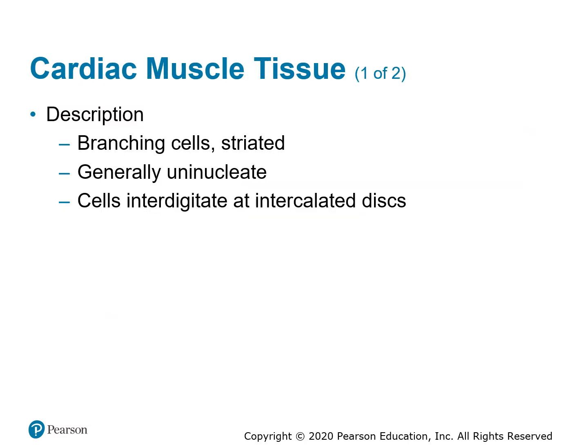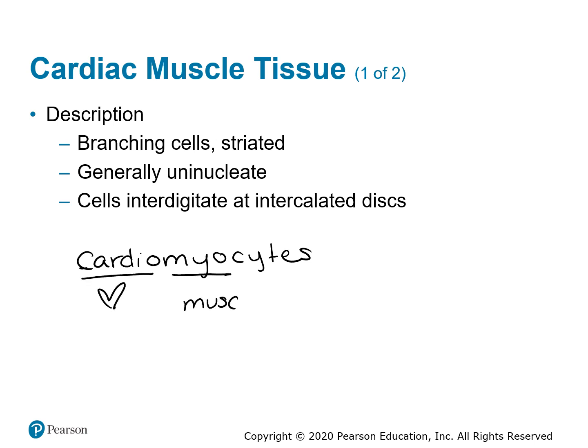The next type of tissue that we're going to talk about is cardiac muscle tissue. Its cell types are called cardiomyocytes. Biologists are not creative. Cardio meaning heart, myo meaning muscle, cyte meaning cell.